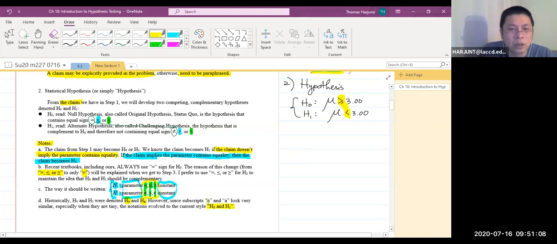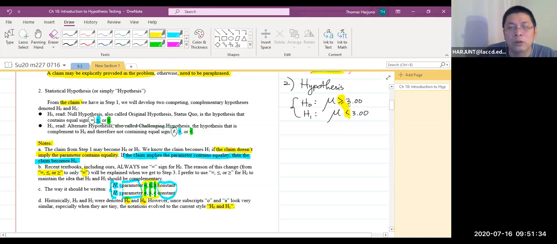So Thomas, hold on. Sometimes you follow the old tradition, like your inequality sign, but sometimes you change to the current notation. So which method do you actually use? The one that is better. The one that has the better reasoning behind it. So what happens, Thomas, if I use the equal sign only for my null hypothesis?